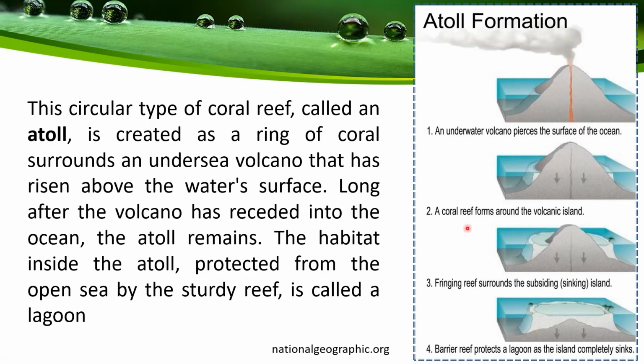Pagkatapos, a coral reef forms around the volcanic island. Yan, volcanic island siya. And then, itong reef na to, paunti-unti, kasi itong volcanic island na to ay magsisink, paunti-unti mawawala siya. Tapos, maiiwan dito yung barrier reef. Tapos, yung napapaikutan na ito sa gitna, ang tawag natin dyan ay lagoon.